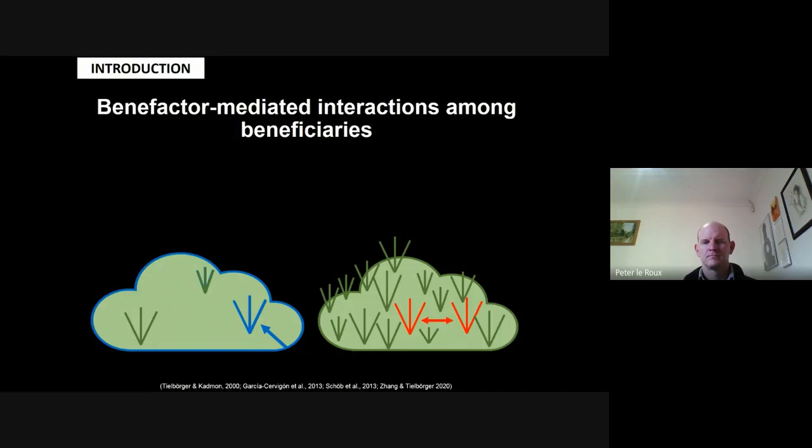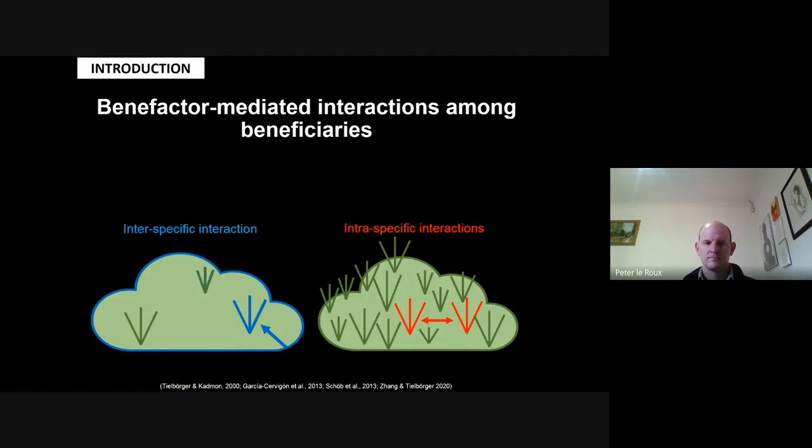Within the context of facilitation, interspecific interactions between cushion plants and beneficiaries have the potential to mediate the outcome of intraspecific interactions among beneficiaries. For example, where facilitation increases the size or density of beneficiary species, it is possible that the negative influence of competition between beneficiary individuals could outweigh the positive influence of intraspecific facilitation.